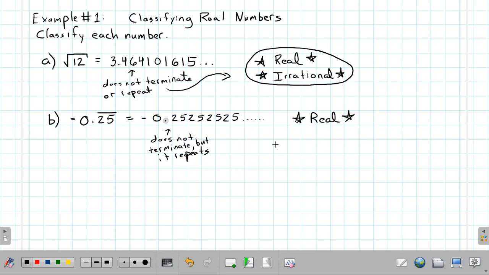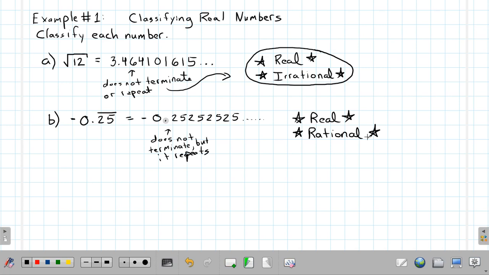Okay, so right off the bat, once again, any number that you're going to see here is going to be real automatically. But then after that, we would say, well, is this number rational or irrational? Well, it doesn't terminate, but it does repeat. So what that means for us is that this is actually a rational number, which means we can write it as a fraction if we wanted to.